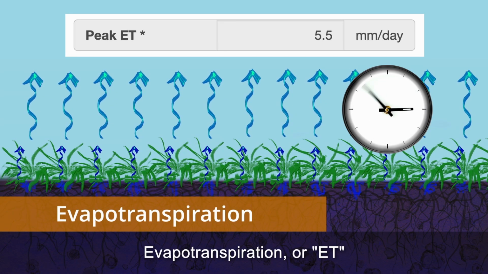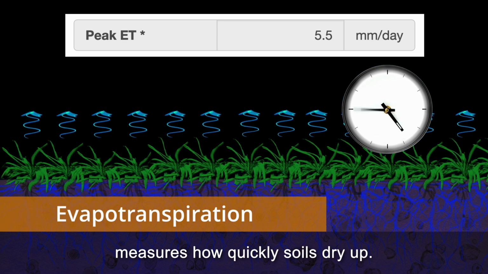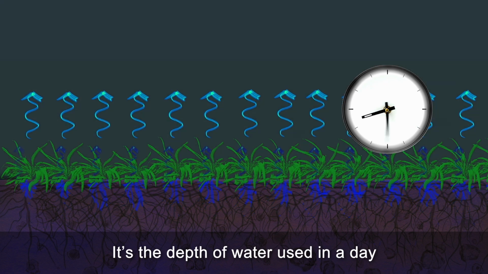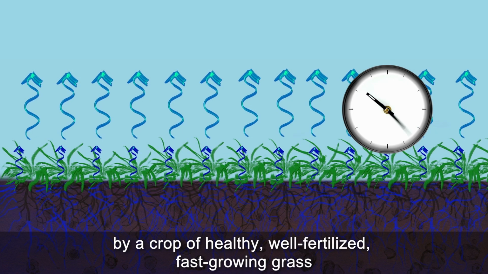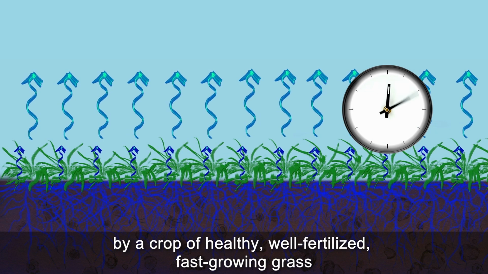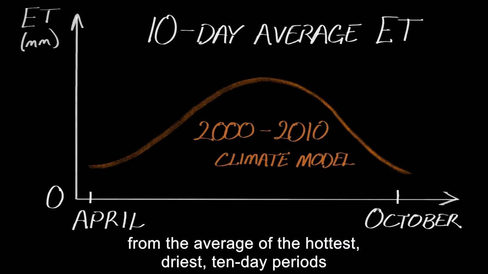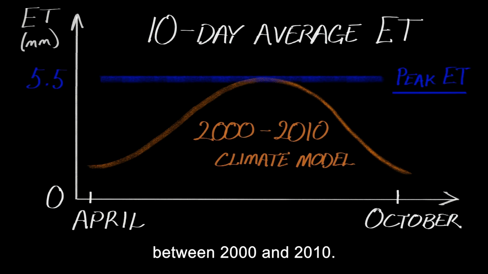Scroll down and you'll see estimates for climate variables, including length of growing season, peak evapotranspiration, and peak flow rates. Evapotranspiration, or ET, measures how quickly soils dry up. It's the depth of water used in a day by a crop of healthy, well-fertilized, fast-growing grass. The calculator gets peak ET from the average of the hottest, driest 10-day periods between 2000 and 2010.